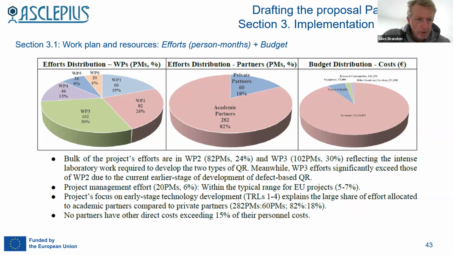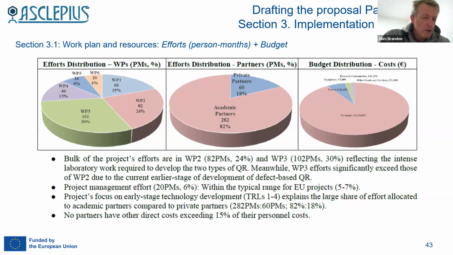If you start with the first one, efforts distribution, work packages. This shows the number of person months for each work package and what that represents as a percentage of the total number of person months. Now, in this particular proposal, work package 6 was the work package dealing with project management.